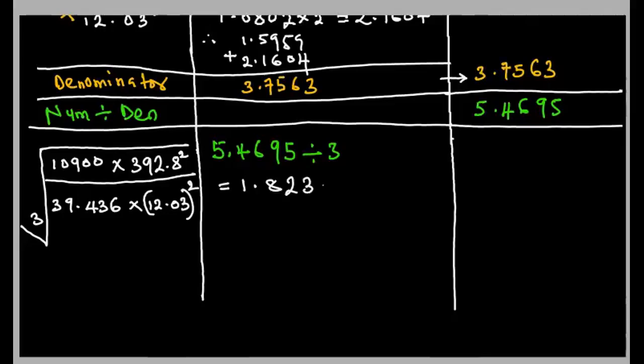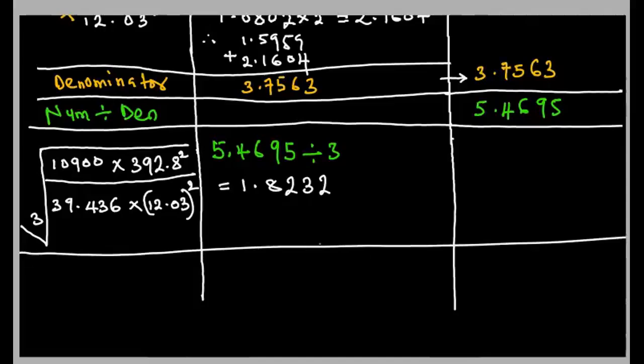I did it to 4 decimal places, so it becomes 1.8232. So we've gotten everything we need to have. And one more last thing.